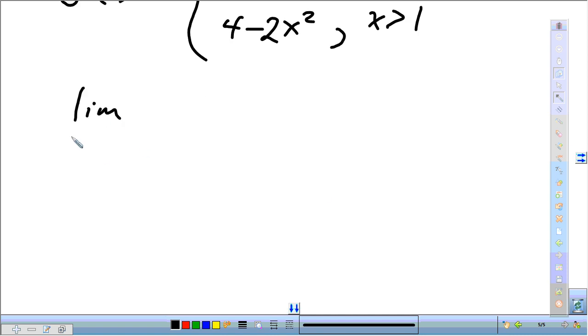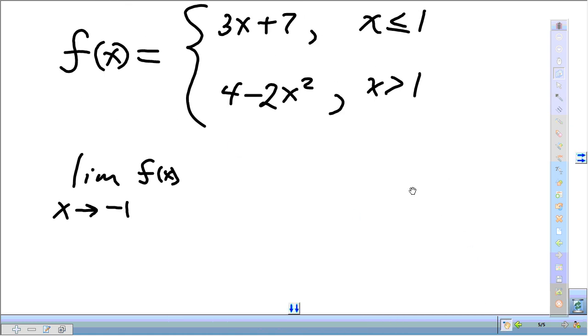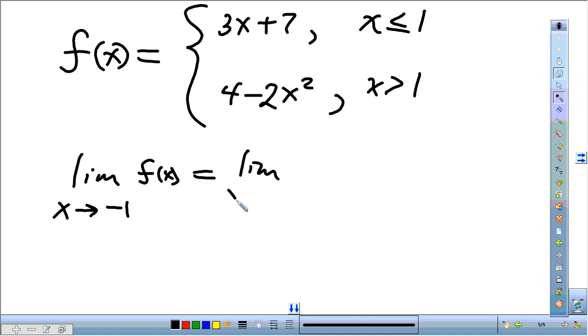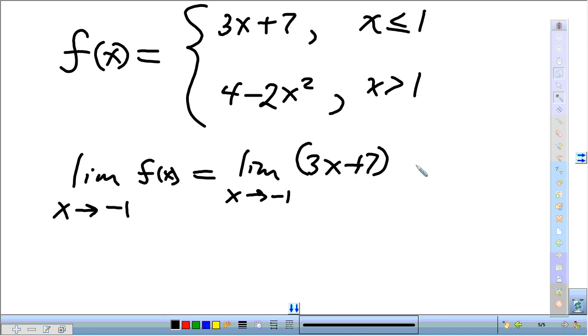So a limit away from the splice, such as x approaching minus 1 of f of x. Well, we have to look at the case. X getting close to minus 1 would be in this interval x less than 1. So near minus 1, it would take on the value 3x plus 7. If we look at that, then we could evaluate and get a limit of 4.